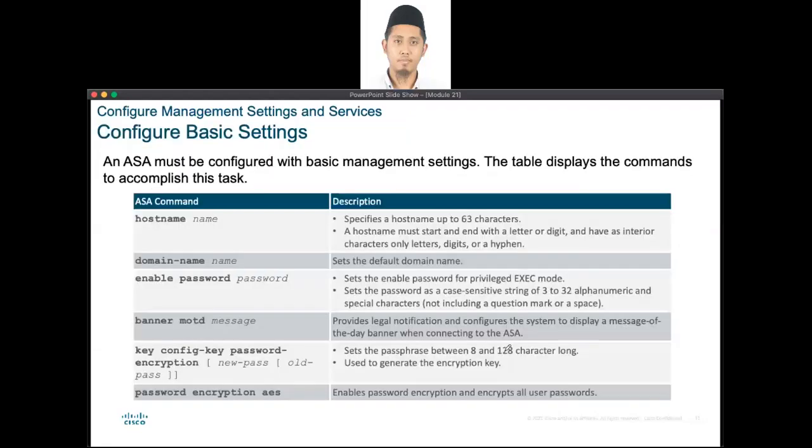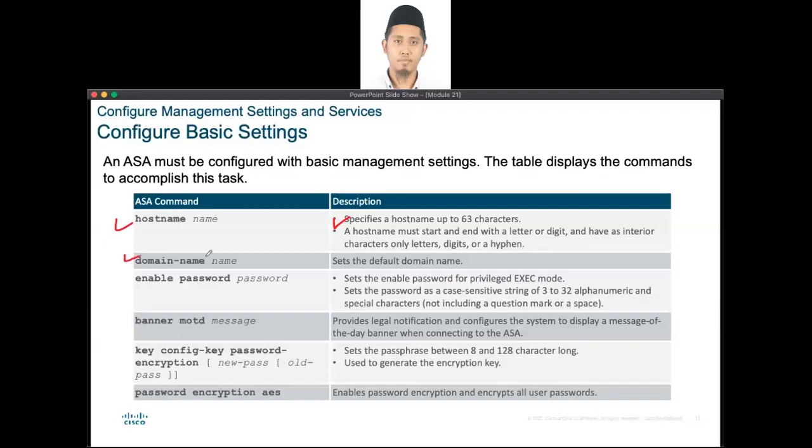Configure basic settings. An ASA must be configured with basic management settings. The table displays the commands to accomplish this task. Host name: this will specify a host name up to 63 characters. The host name must start and end with a letter or digit and have as interior characters only letters, digits, or hyphens.